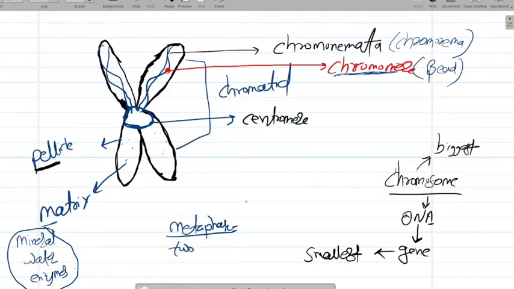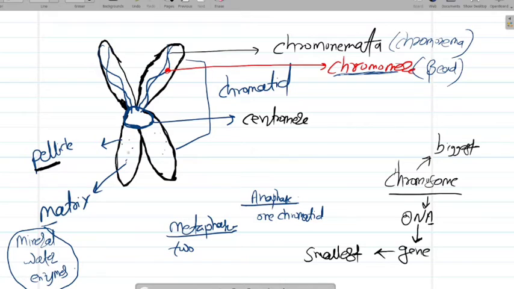In anaphase, whether meiotic or mitotic division, there will be only one chromatid of the chromosome. So it is understandable that if you want to study the good structure of the chromosome, you should study during metaphase.